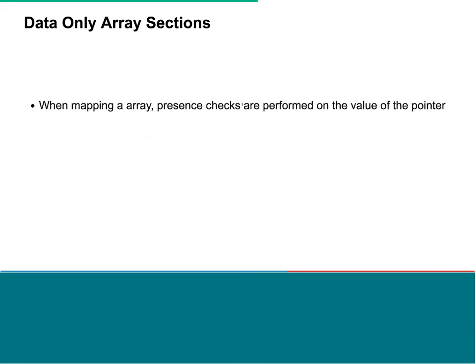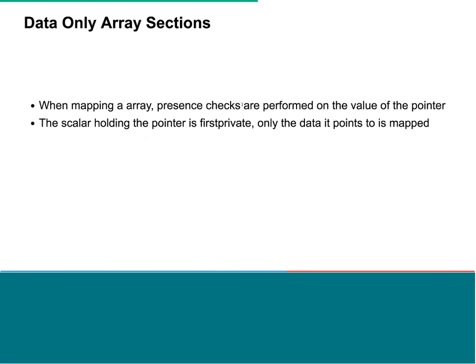Now, the other change we made is that when mapping an array, presence checks are performed on the value of the pointer, and the scalar holding it is now firstprivate. So there's only one mapped buffer on the device that, if allocation is necessary, gets allocated, such that we don't have a split between the pointer and the data anymore, which simplifies parts of the model.